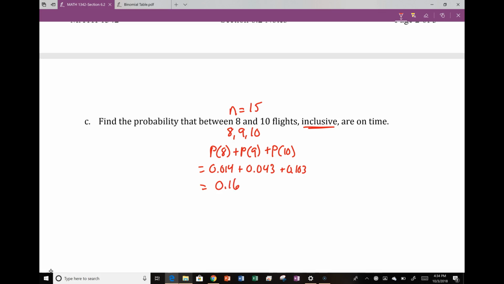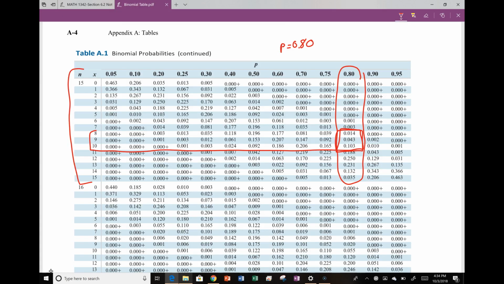Now, the biggest thing about this is the table is wonderful if the probability is here, or if our N is here. If I wanted something and it had a probability of 0.85, that's in between here. I couldn't use the table. I would definitely have to go back to the actual formula.